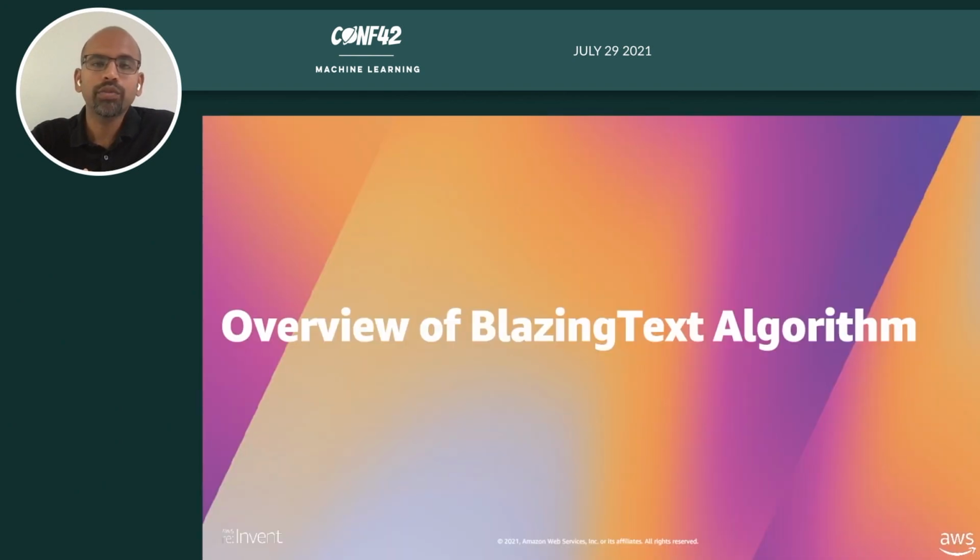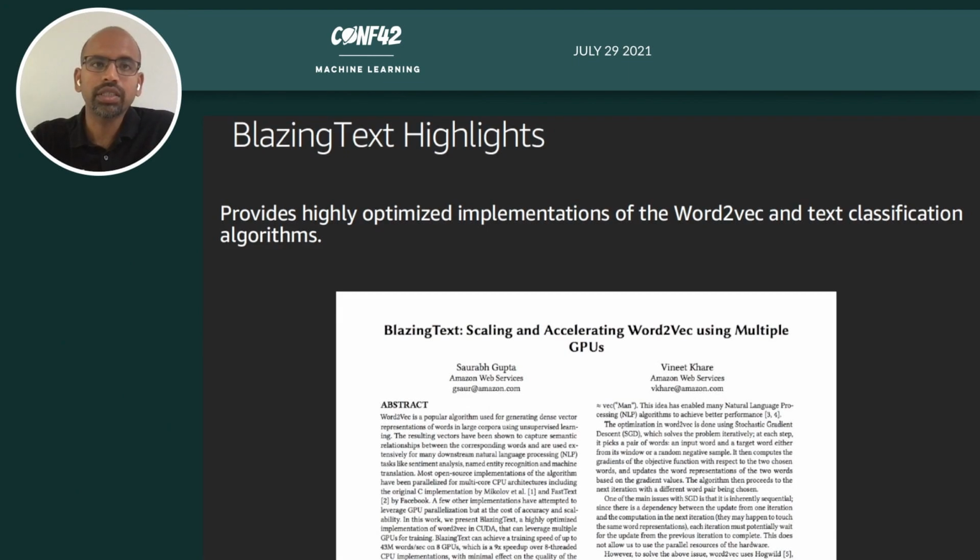So, as I said, the BlazingText algorithm was published back in 2017 by a couple of Amazonians. This is the paper that was released back in 2017 to discuss how the BlazingText algorithm will go about this particular problem. Now, the key thing to note here is this algorithm provides a highly optimized implementation of word2vec and text classification algorithm.